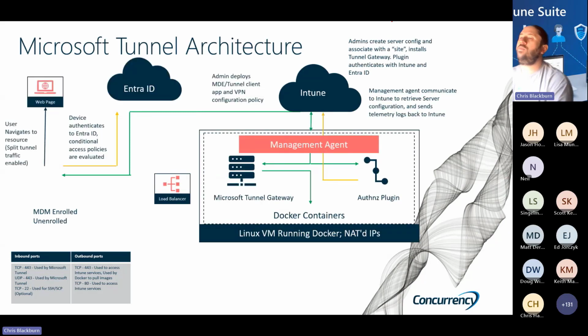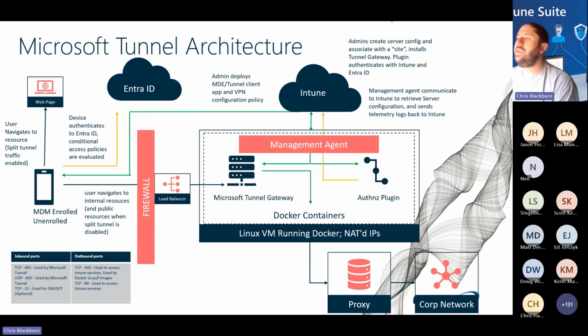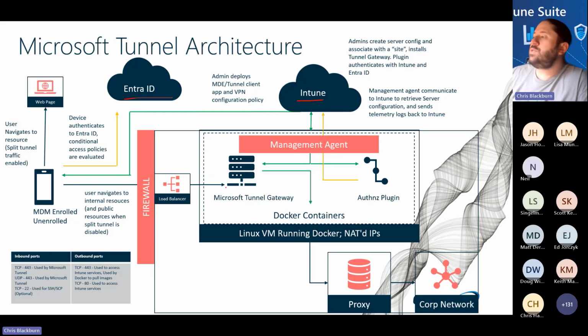Let's take a look at what that infrastructure looks like. I did not realize there's so much animation in the slides, but really architecture wise, when it comes to your end user, there are 3 components. There's the identity to authenticate, there's Intune for the management plane, and then for being able to access your resources, that's where the tunnel gateway provides that capability to have that connection.